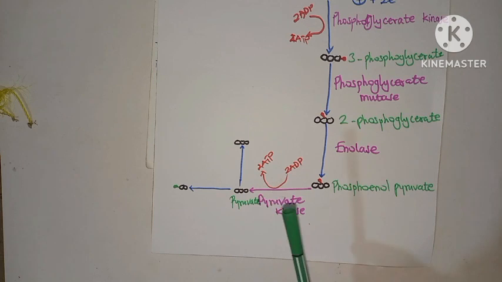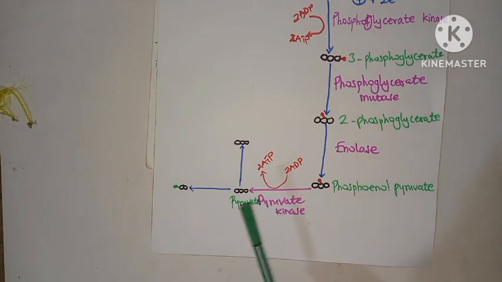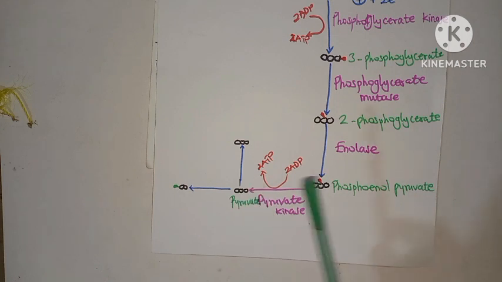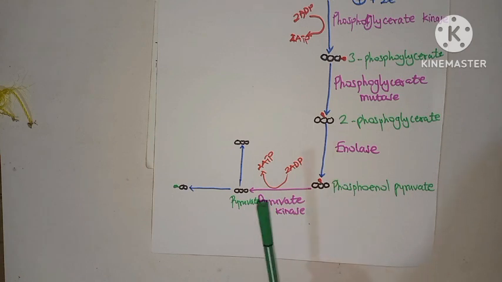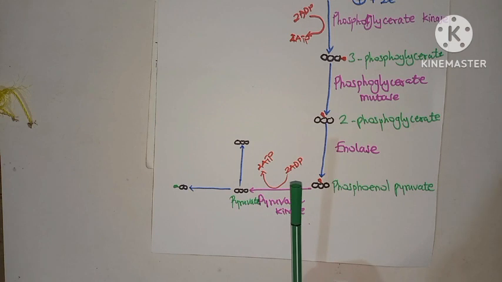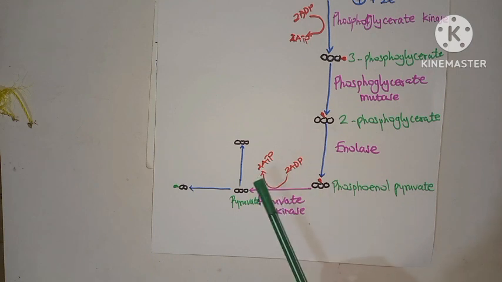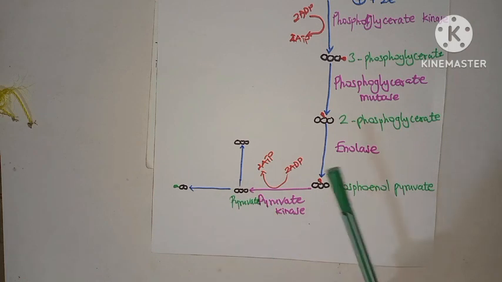NADH are always loading their hydride on certain molecules so that it can be taken to the electron transport chain to produce ATP. But during anaerobic condition, NADH don't load their hydride onto those molecules, but onto pyruvate and get converted to NAD plus.